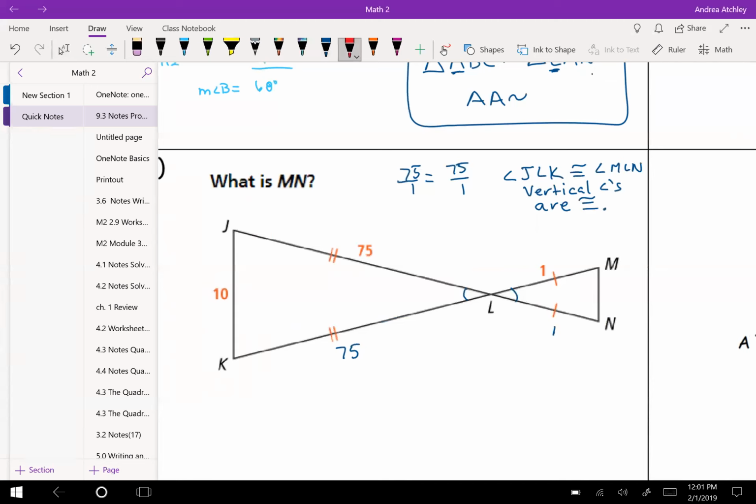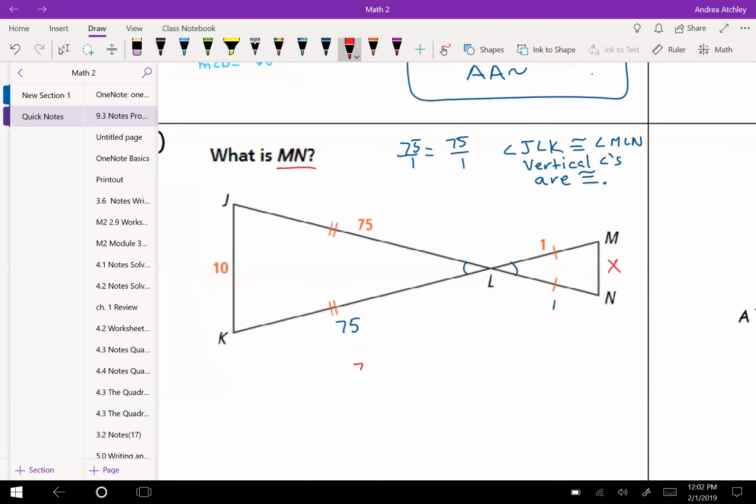They want us to find MN, the measure of MN. So we can do that by setting up a proportion. MN needs to have the same relationship as JK and LN. They have to be 75 to 1, right? So I'm going to write that ratio.